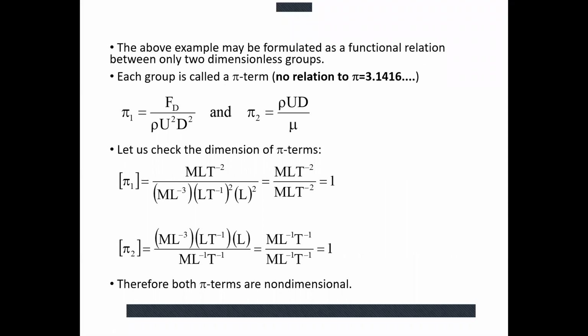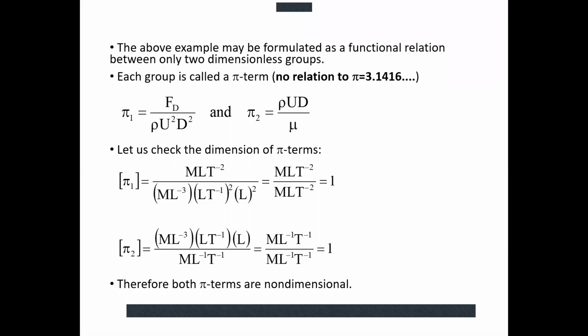Think about again the previous example that we talked about, the flow around the sphere, the drag force calculation. The above example will be formulated as a functional relation between only two dimensionless groups. Each group is called a pi term.